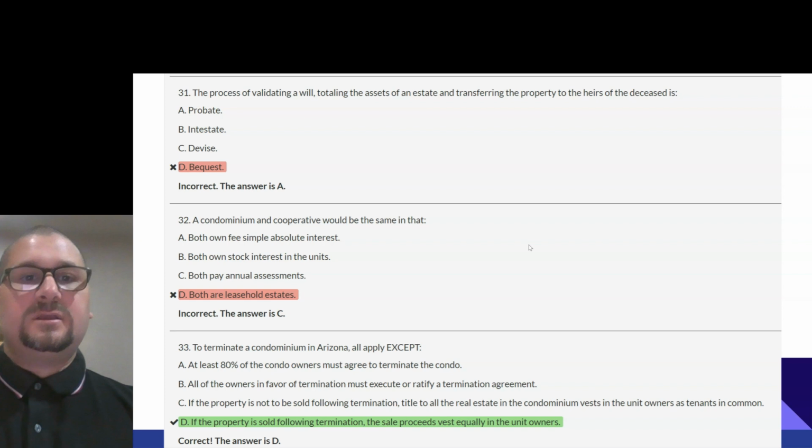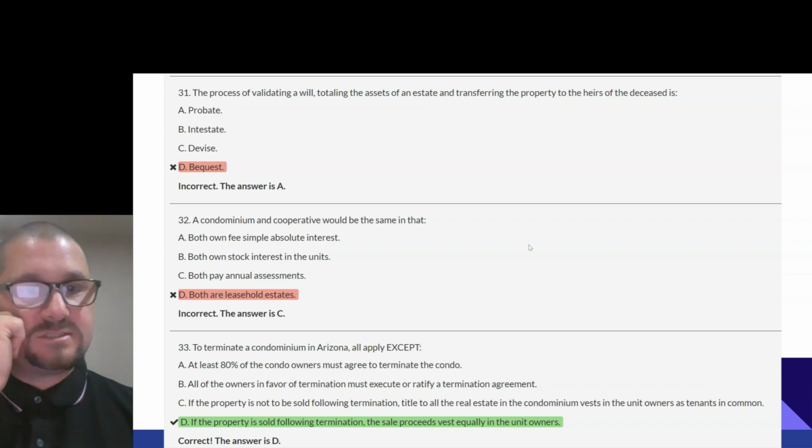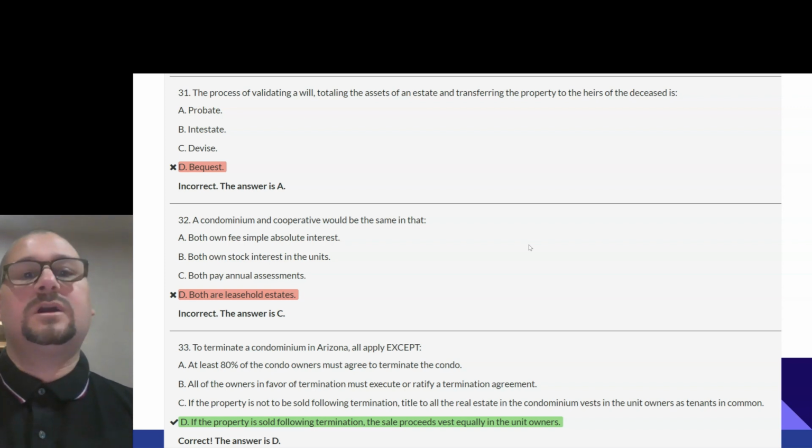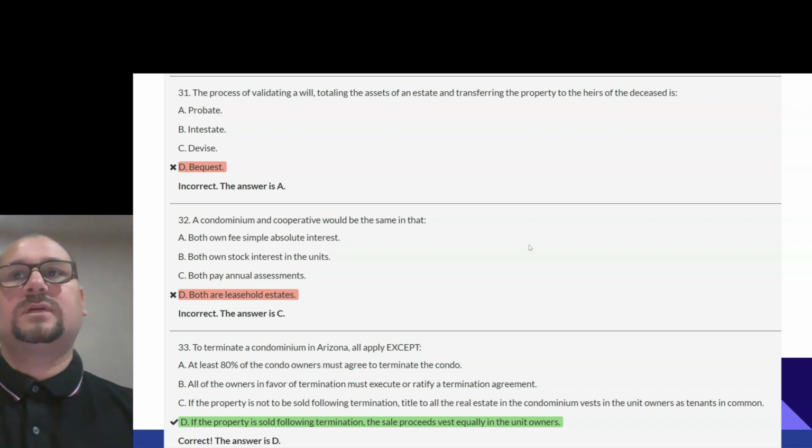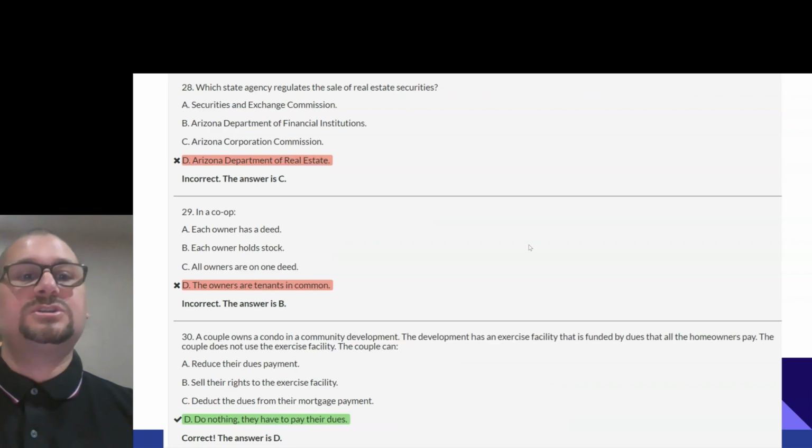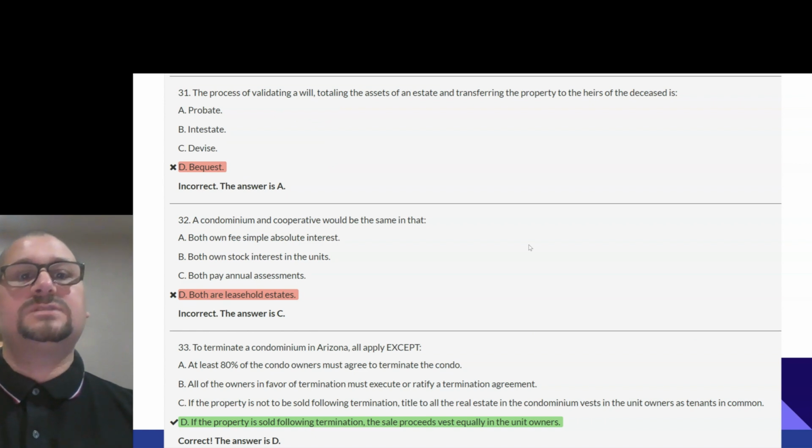A condominium and cooperative would be the same in that what? Both pay annual assessments. We talked about this: each owner holds stock in a co-op, and condos also pay annual assessments.